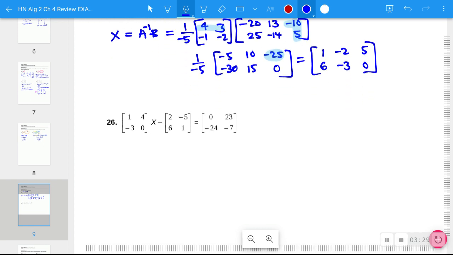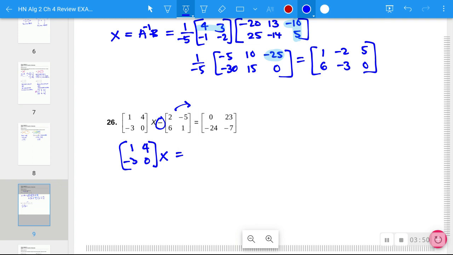Okay, this next one here is the same type of problem with one extra curveball thrown in. We've got to get rid of that matrix by taking it over at the start of the problem. So here's that first part, and I'm going to go ahead and take over that matrix.